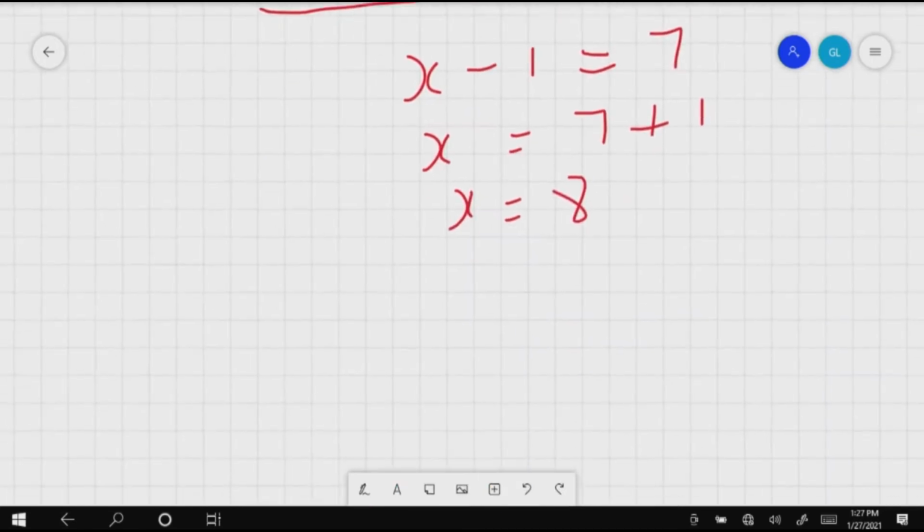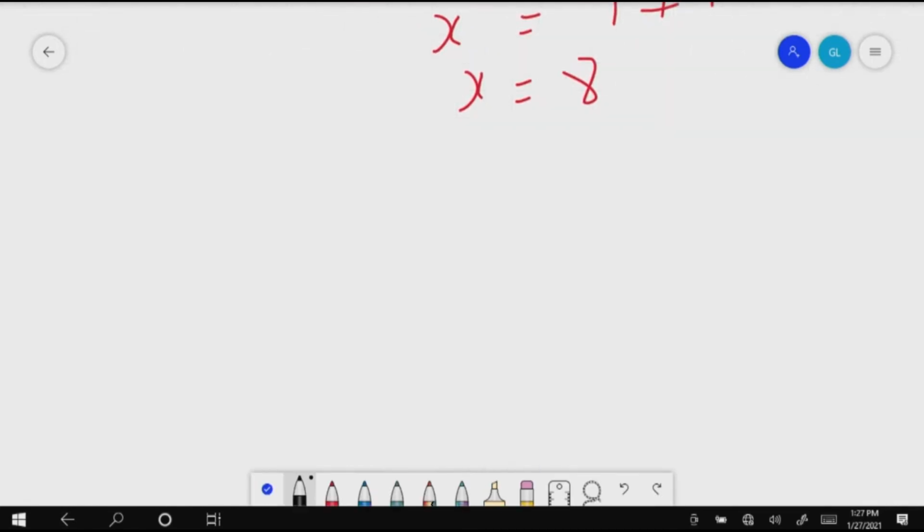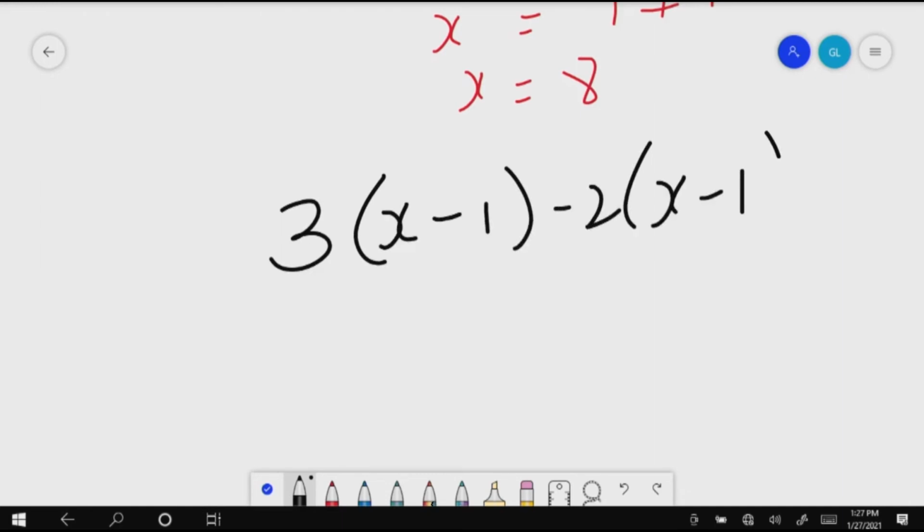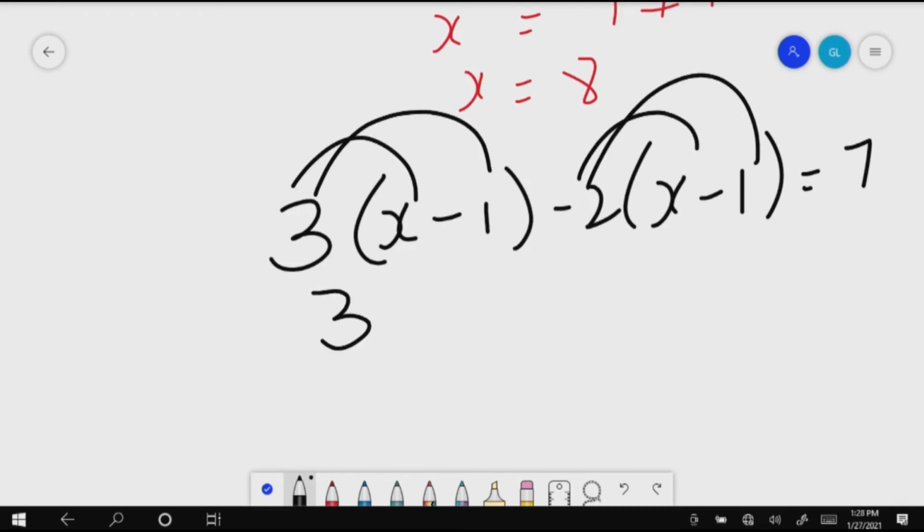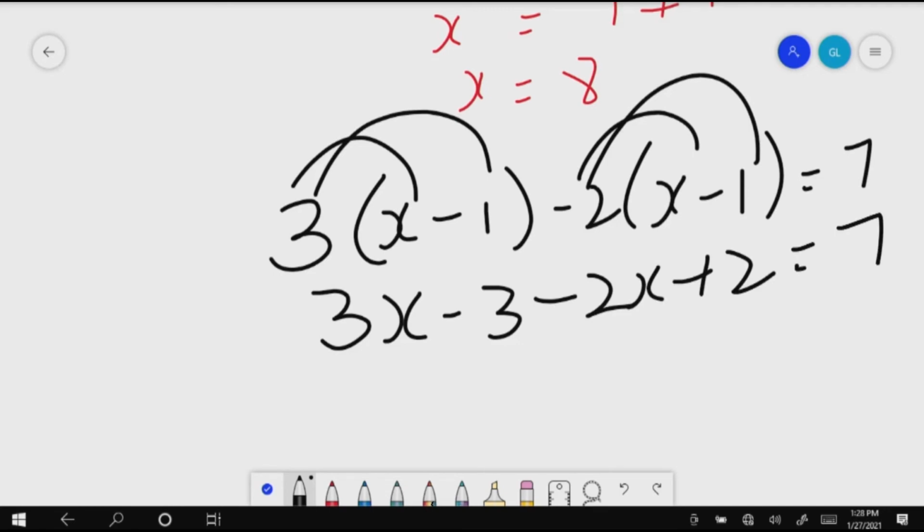Or we could have used the other method and said 3 of x minus 1 minus 2 of x minus 1 equals 7. Removal of bracket. So we have 3x minus 3 minus 2x plus 2 equals 7.